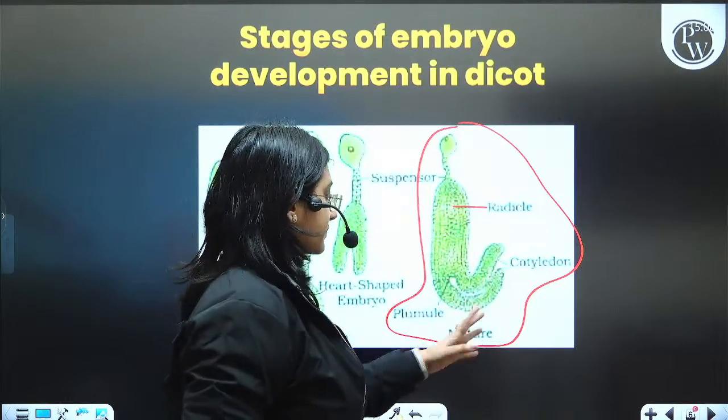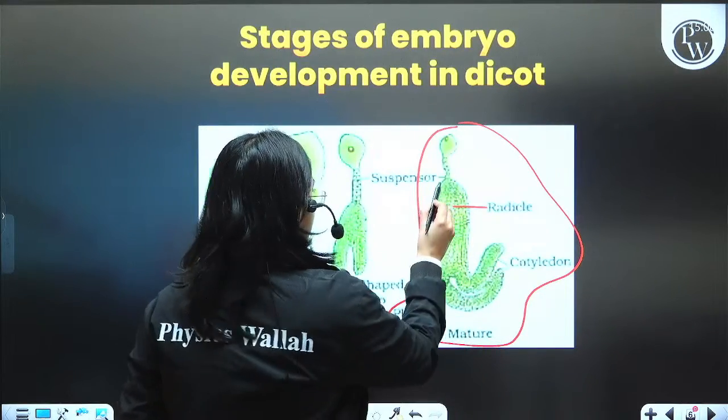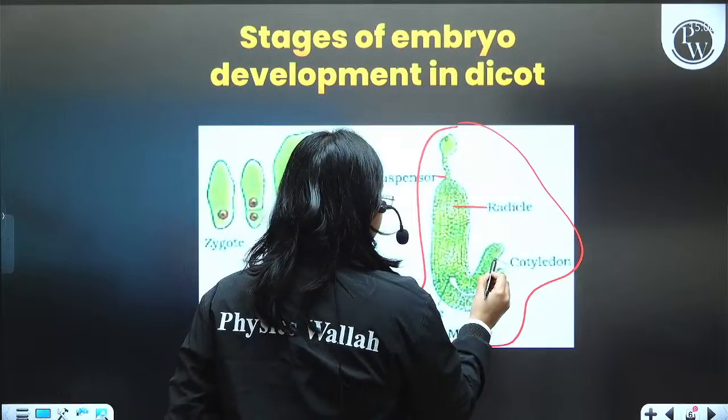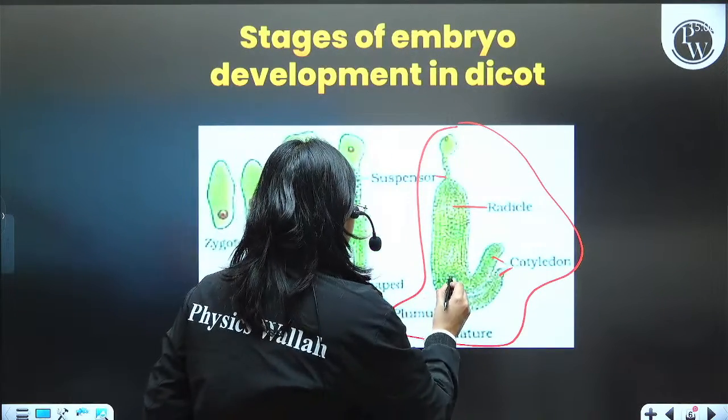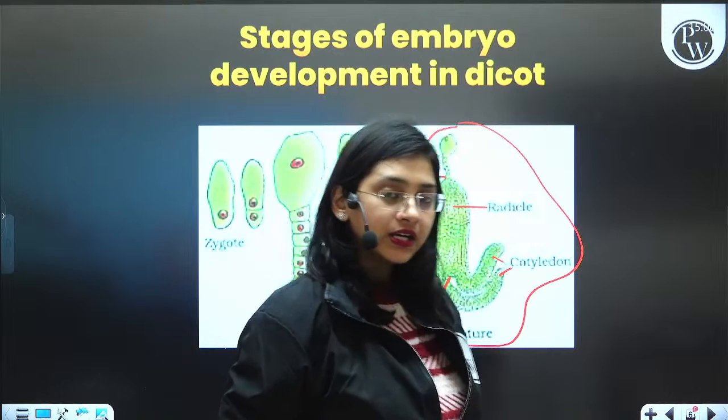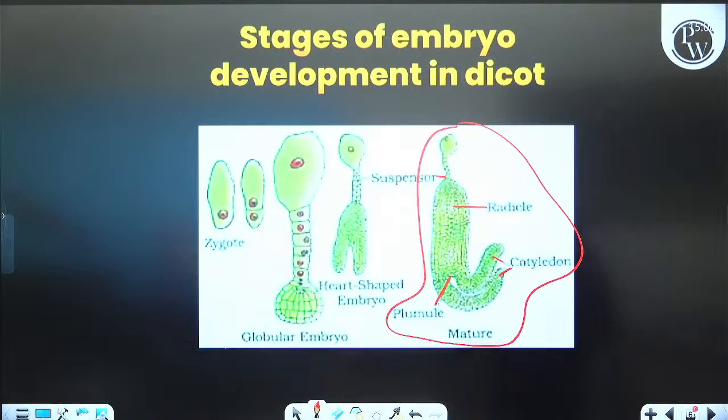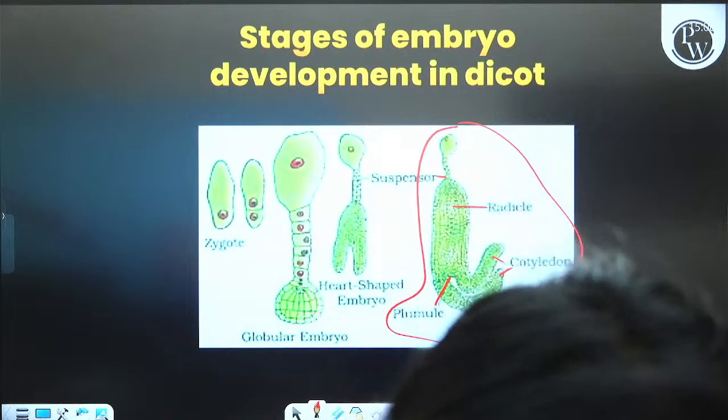X, Y, Z, something like that has been given. So suspensor, radicle, cotyledons, 2 cotyledons because it's dicot, and plumule region, you have to learn.